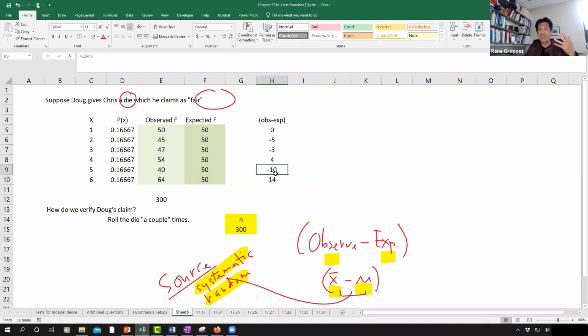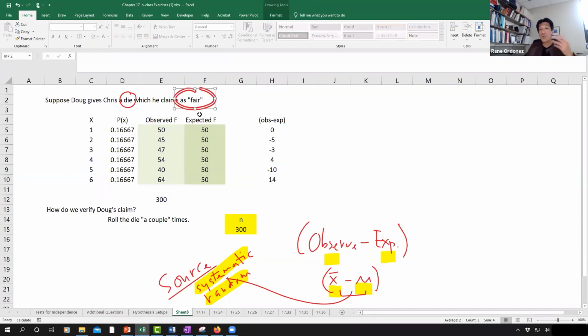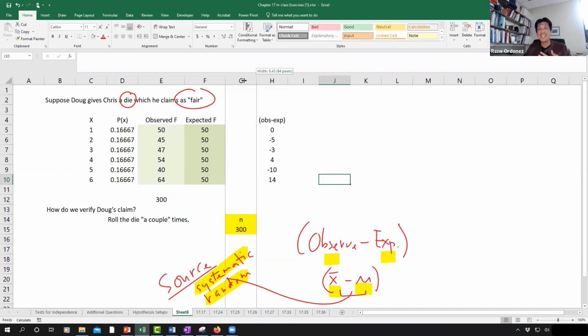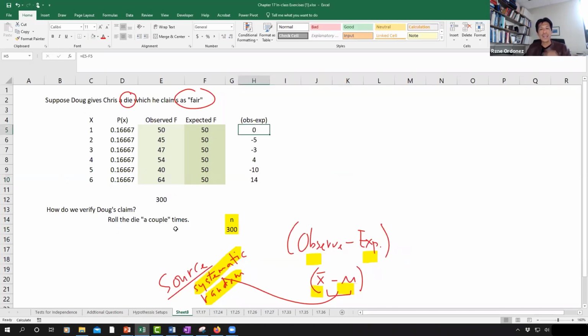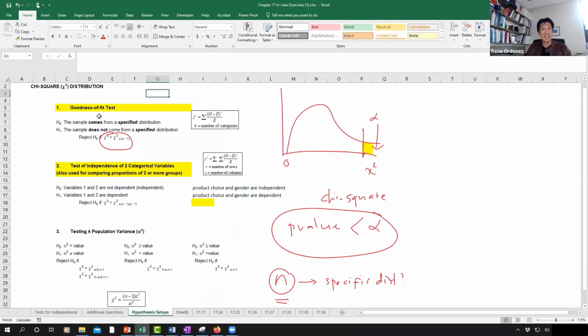Or is it something that is more systematic about the die, meaning really maybe the die is rigged to favor certain numbers or not favor certain numbers? Okay, so to answer that question in a more objective and scientific way, we carry out a test. All right, so this one would be a good use of this goodness of fit test.